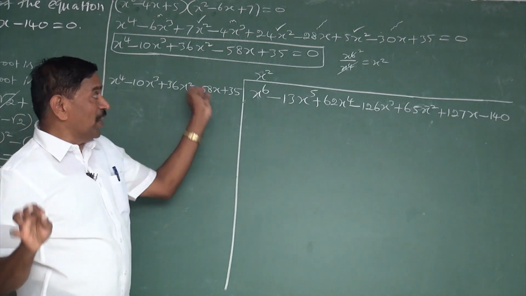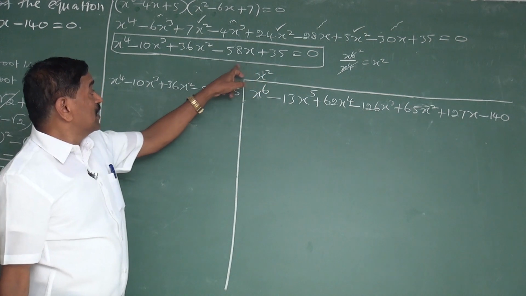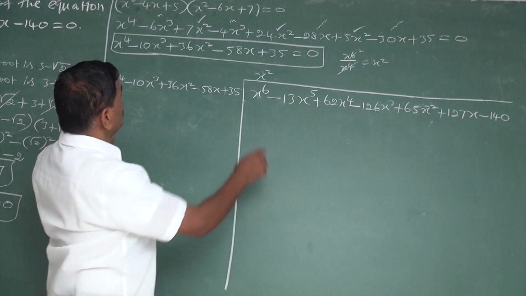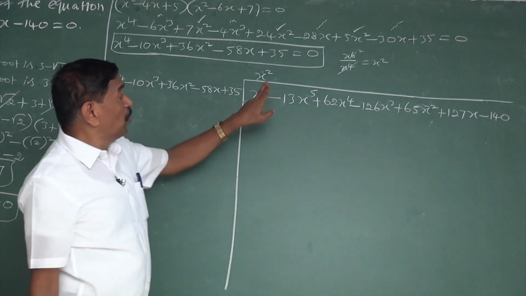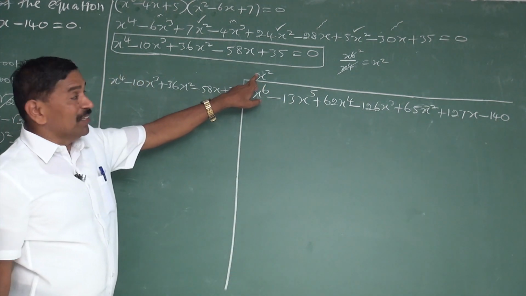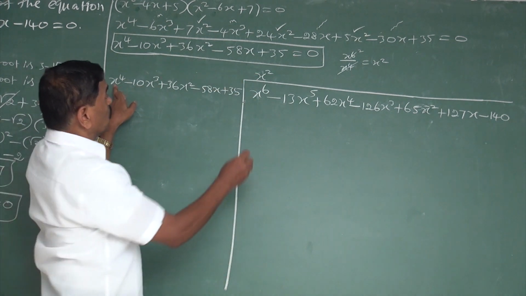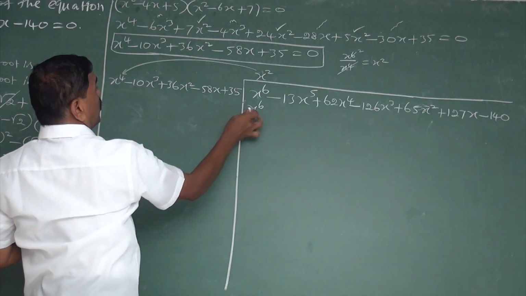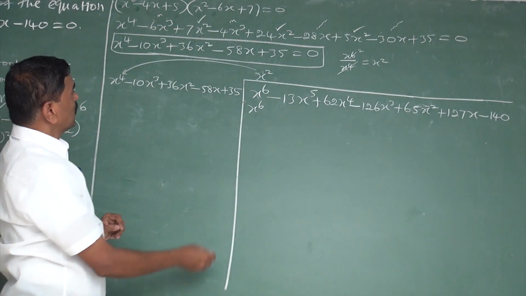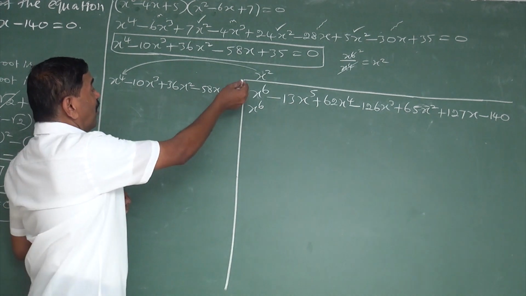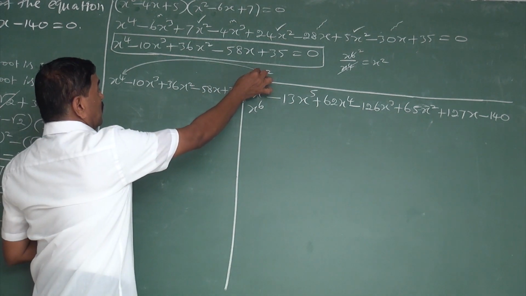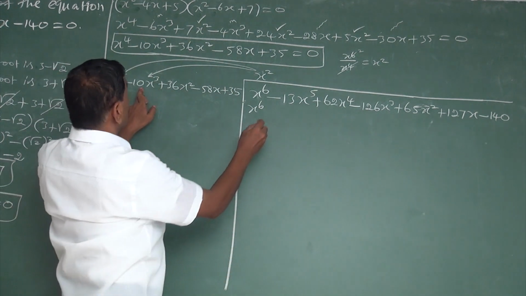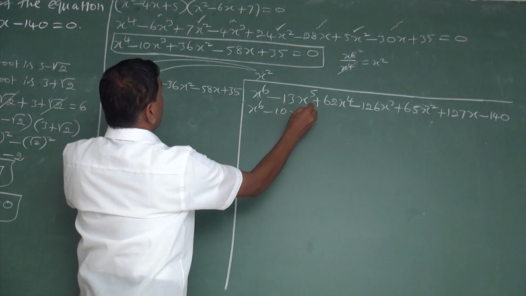Very good. That is the product. This x square is going to multiply all the elements outside. Can you tell me the product? Good. x square into x power 4 is equal to x power 6. Next one, x square into 10x cube is equal to minus 10x power 5.